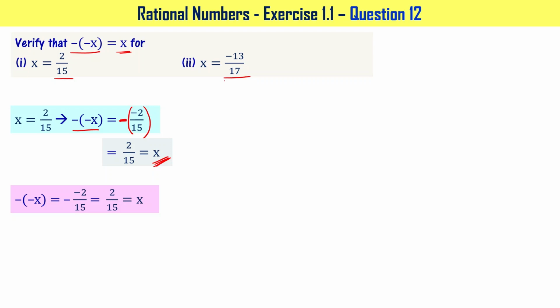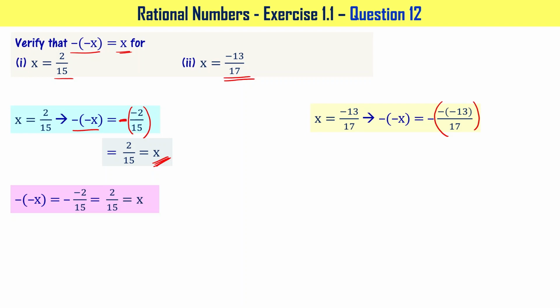Now let's take a look at another rational number, that is minus 13 by 17, right? When x equal to minus 13 by 17, minus of minus x can be written as minus of minus 13 by 17, right?